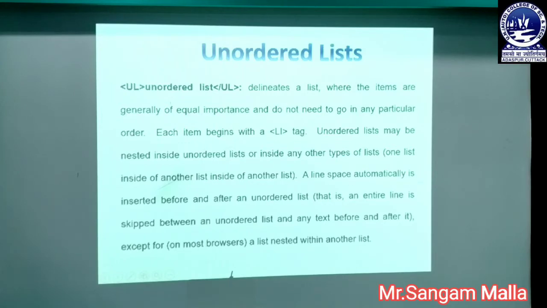Line space is automatically inserted before and after an unordered list, that is, an entire line is skipped between an unordered list and any text before and after it, except on most browsers for a list nested within another list. So what do we mean by an unordered list?